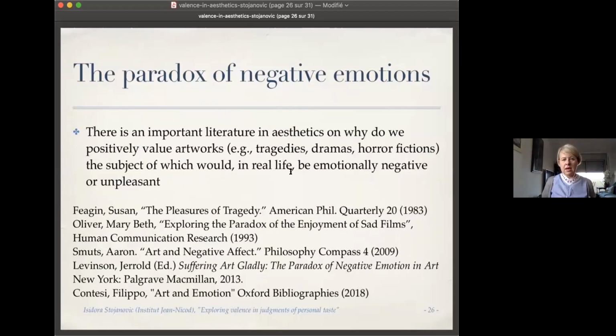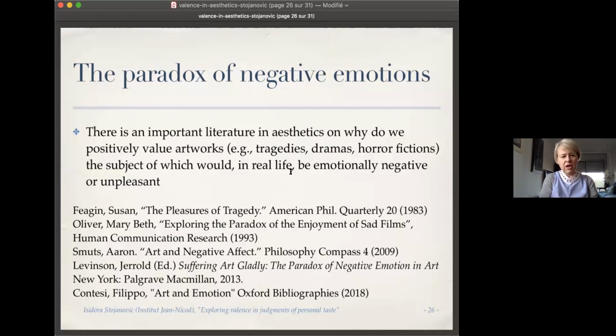So in the aesthetic literature, as I'm sure many of you will already be thinking, there is this discussion about what is sometimes called the paradox of negative emotions, namely the question of why it is that we tend to positively value artworks, the subject of which would in real life be emotionally very negative, very unpleasant.